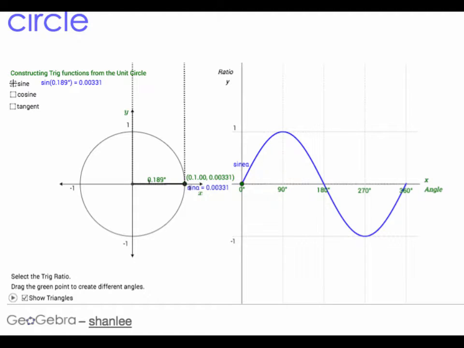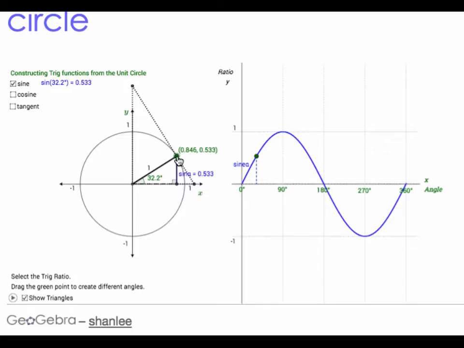Where this comes from is, remember that sine represents the ratio of the opposite over the hypotenuse as theta changes. I'm going to pause right here. Right here, our measurement for theta, our angle, is 32.2 degrees. At 32.2 degrees, the ratio of the opposite, this right here, over the hypotenuse right here is 0.533.